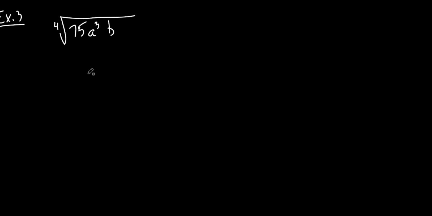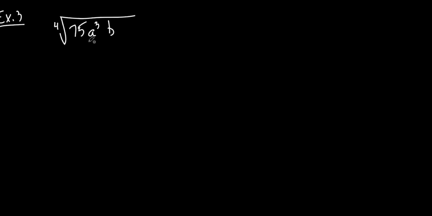So what do we do here? Let me just check this for a second. The 75, that's kind of weird. Let's simplify that a little bit. There's really not anything, because what times what is 75? 25 times 3, which means 5 times 5 times 3. That's it, right? It's the only thing that multiplies to 75. So I can't break it down where I have something you can take the fourth root of.